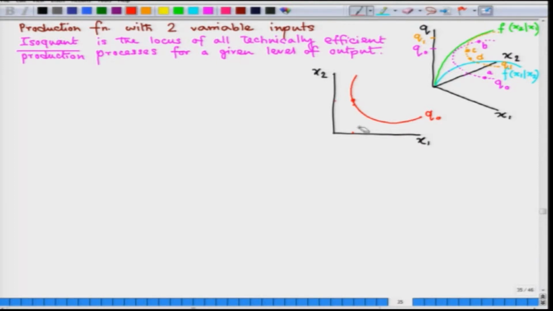So, here we can start with the production function Q = f(x1, x2), a two input production function. We can go for the total differentiation dQ, right. Then we can have the first partial with respect to input 1 times dx1, plus f2 dx2 similarly, right.